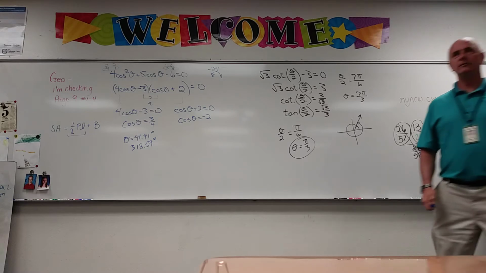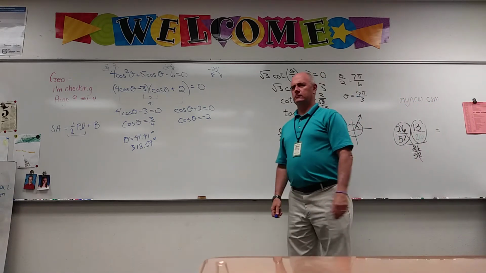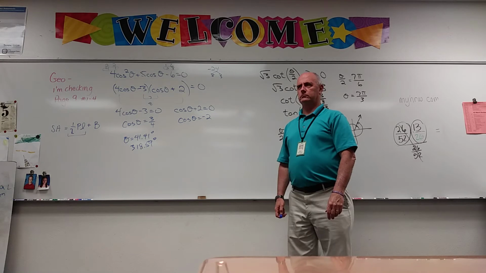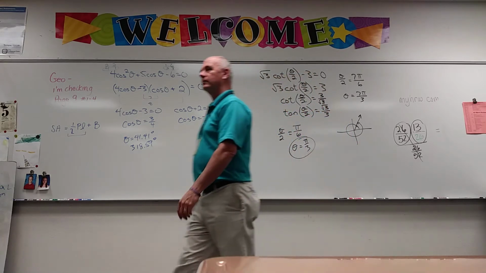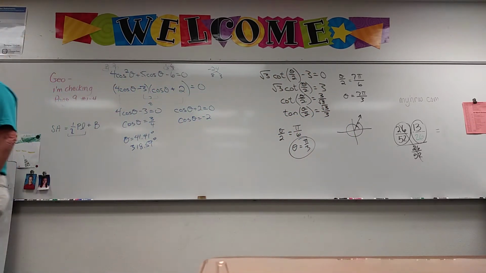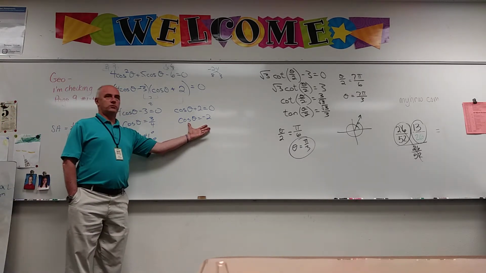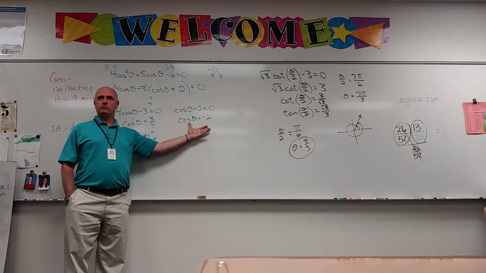What's going on? Why aren't you giving me an angle? Why doesn't it work? It's negative. Wait, because it's bigger than, it's outside of -1 and 1. Cosine of theta equals -2.